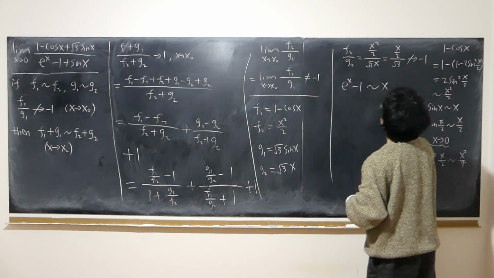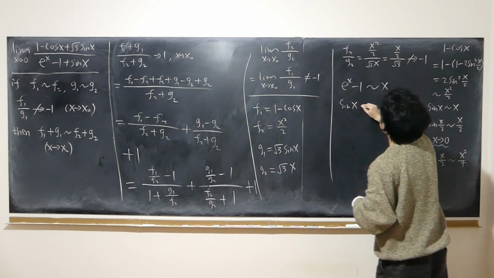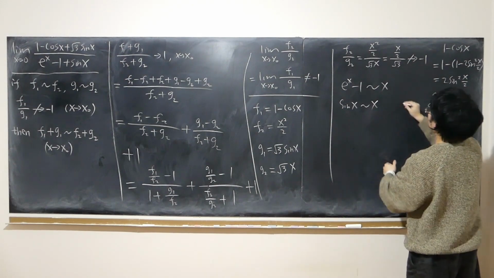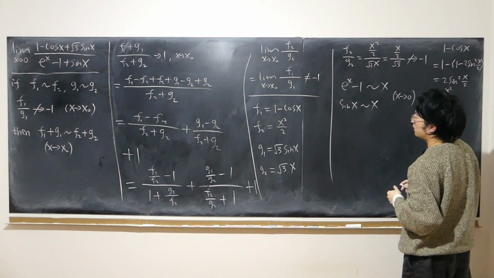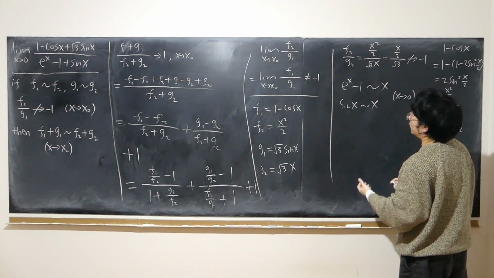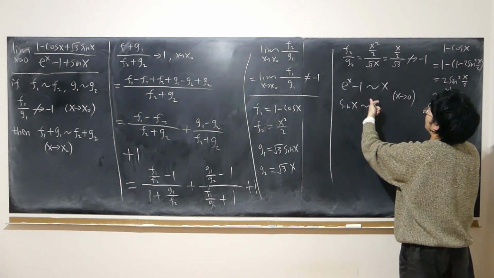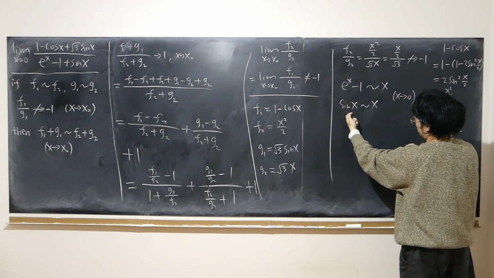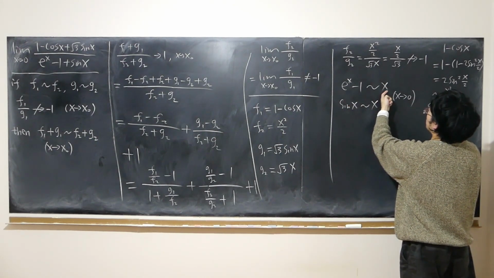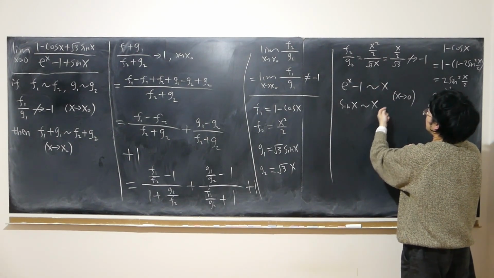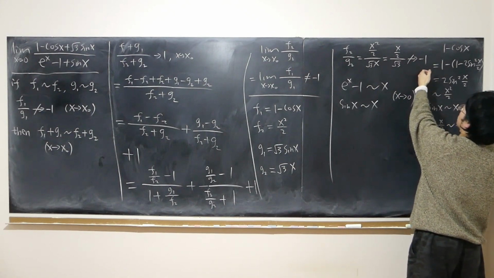So again, sine x is equivalent to x during the limit process. We have to verify that this over that does not approach negative 1. All we have to do is work out this over this, that is 1, not approaching negative 1, so we're safe.